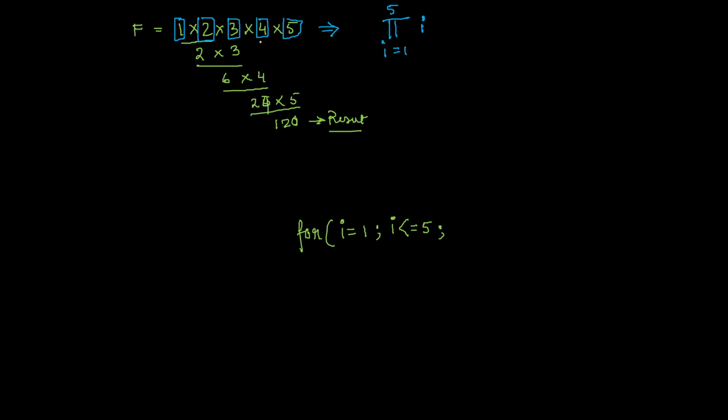Why? The reason is that the difference between two value of the two term you see is 1. 1, then 2, then 3, then 4, then 5. So I is plus plus. This is for sure. Question is that what I should write over here.